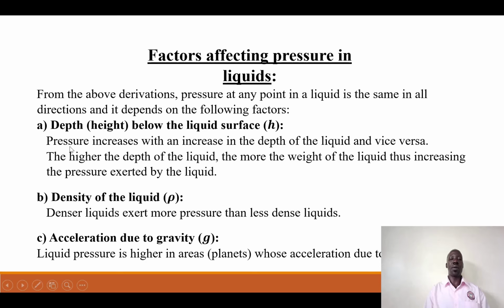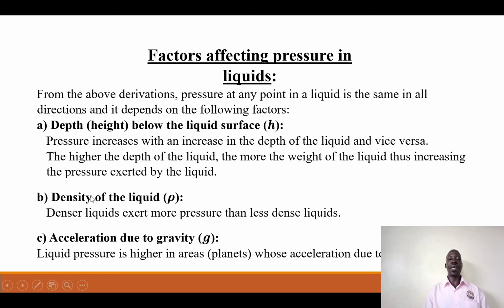Pressure increases with an increase in the depth of the liquid and vice versa. Vice versa here means that pressure also decreases with a decrease in depth. The higher the depth of the liquid, the more the weight of the liquid, thus increasing the pressure exerted by the liquid.